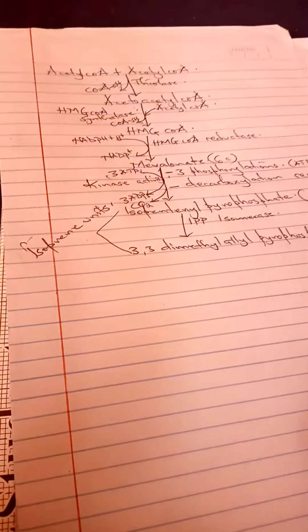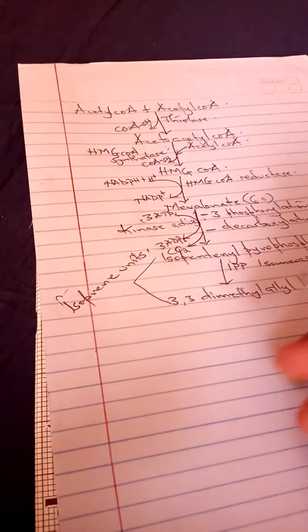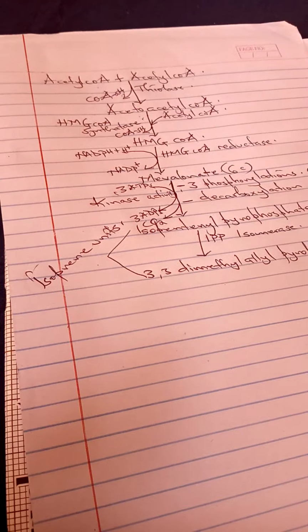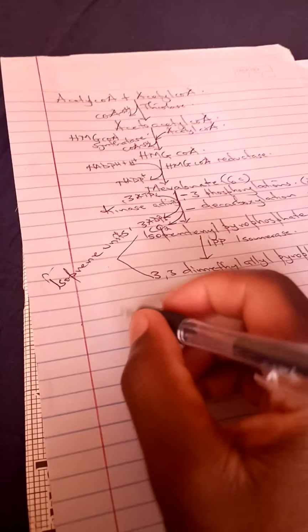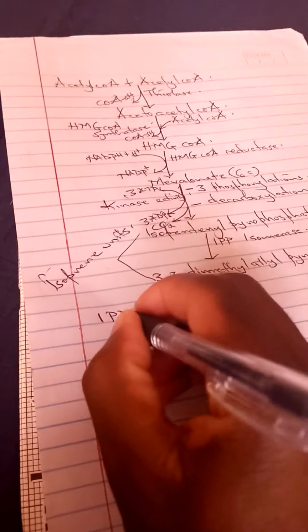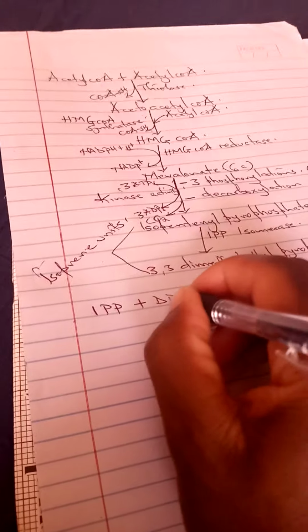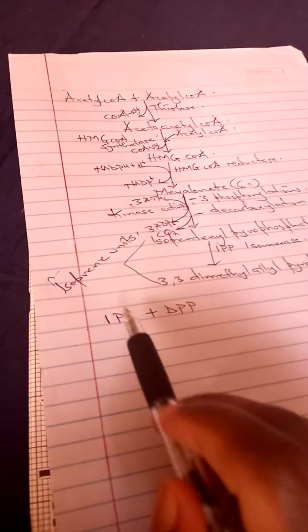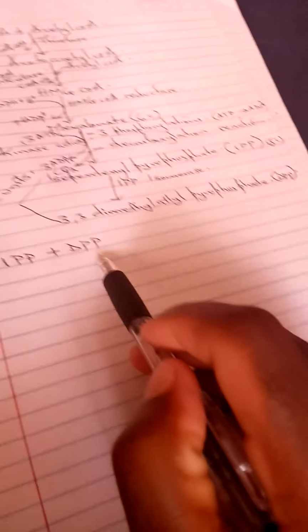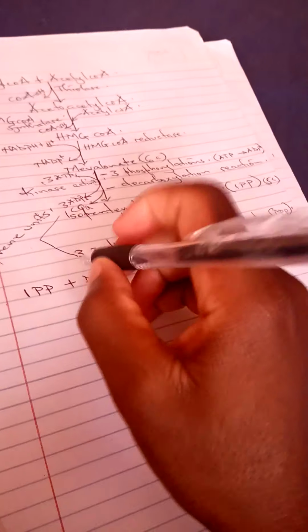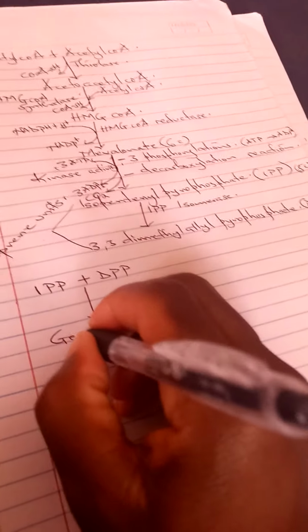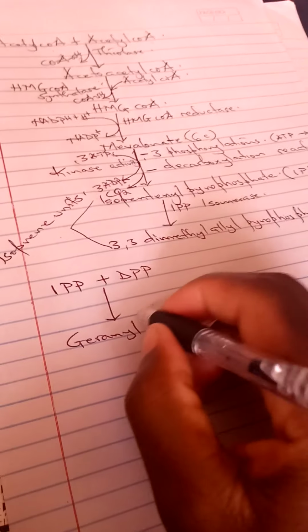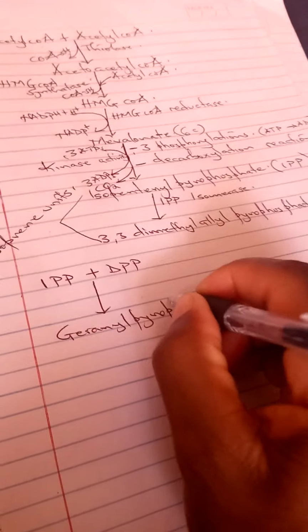So we shall have IPP, or isopentenyl pyrophosphate, and DMAPP, and they fuse together. So I will say we have IPP plus DMAPP, isopentenyl pyrophosphate plus 3,3-dimethylallyl pyrophosphate. These fuse to form what we call geranyl pyrophosphate.